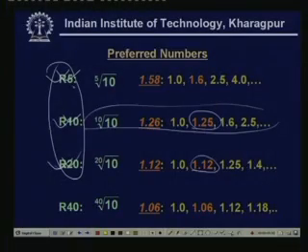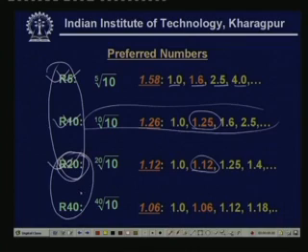You can have the powers of a tractor engine maybe 10, 16, 25, 40, something like this. You can have the feed in the machine tool as per say R20, which can be R20 or R40. These are used as the machine tool feed.